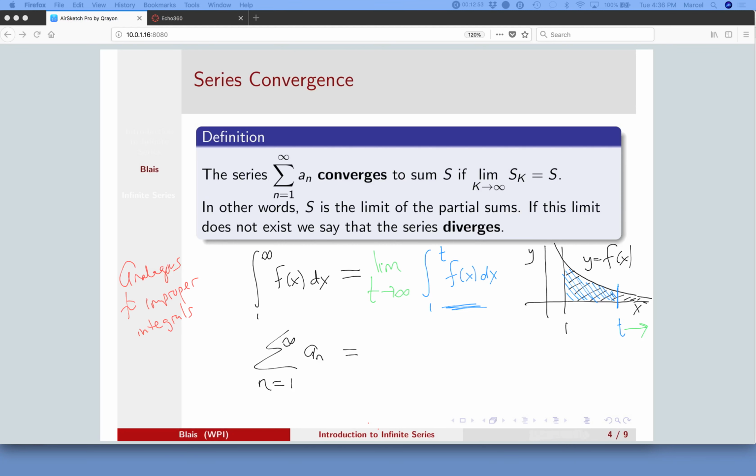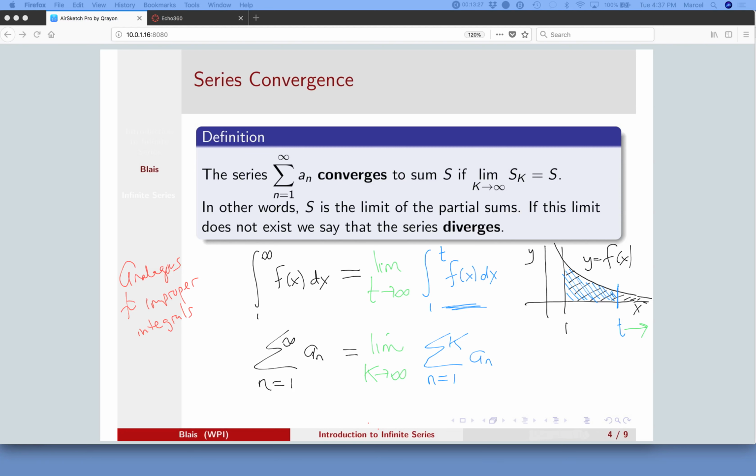Like we did in this case, we say, we don't really know what it means to add up infinitely many terms, but we know how to stop at k. So we have this finite sum of k terms. Once we have that sum, we then send k on its way. It's a very similar idea to what we did with improper integrals.